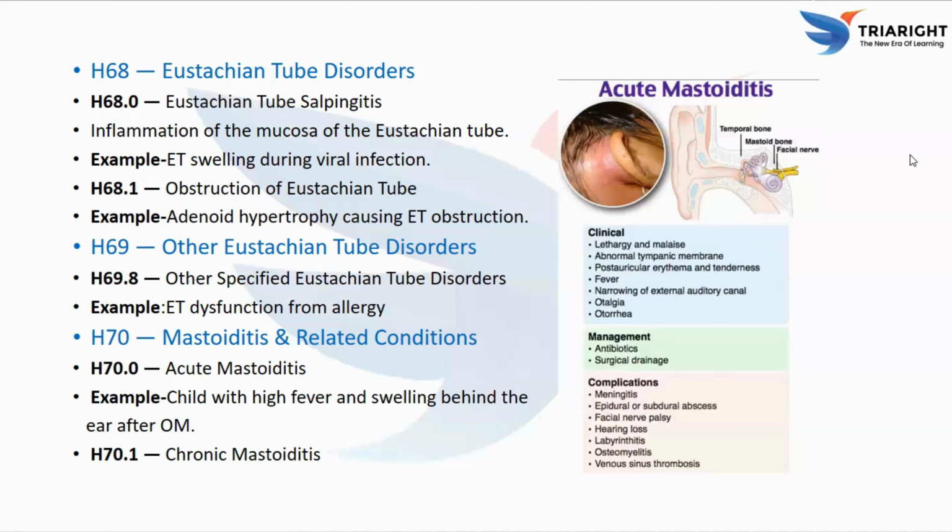On the right side you can clearly see acute mastoiditis. You can see the clinical features. How do you manage this infection? And also there are complications of this mastoiditis infection like meningitis, facial nerve palsy, hearing loss, osteomyelitis, and labyrinthitis. So this is about the H70 code category.